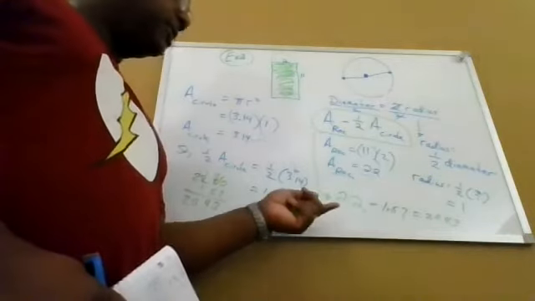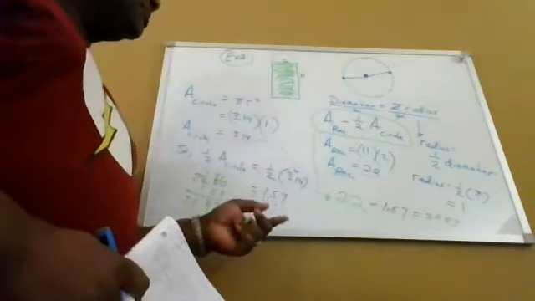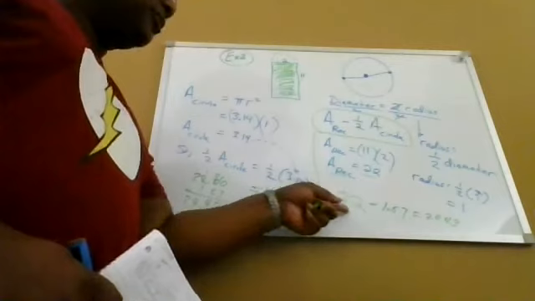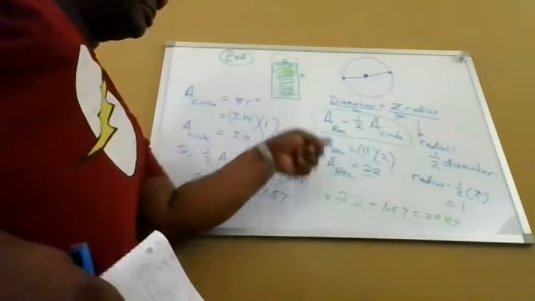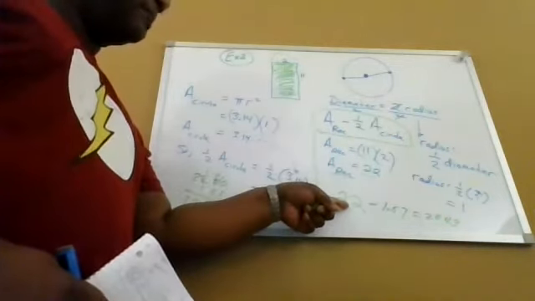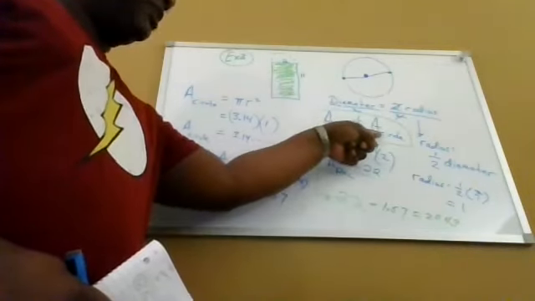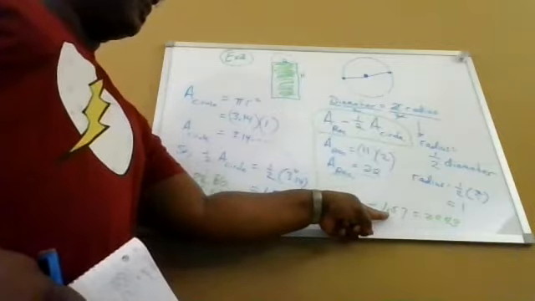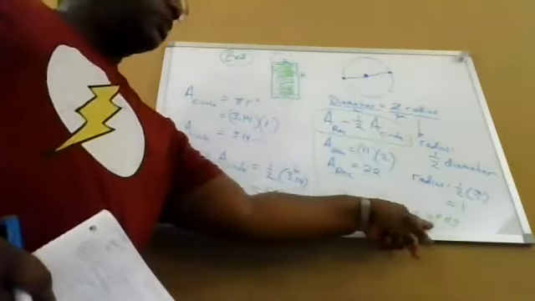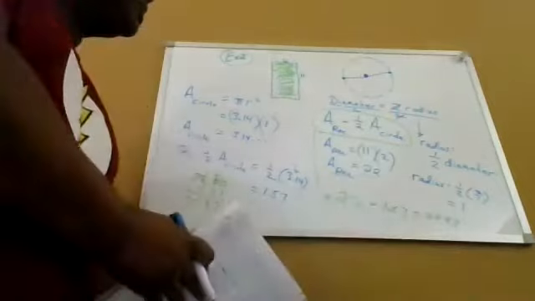And so to get the area of the shaded region, we took the area of the rectangle, which was 22, and then we subtracted 1/2 the area of the circle, which was 1.57, and that equals 20.43.